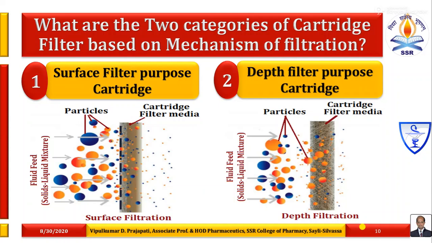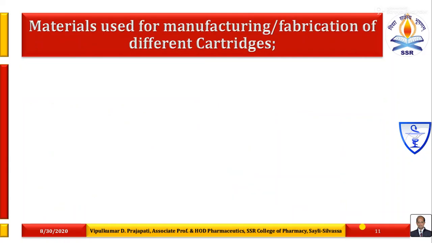So they are retained in the next membrane layer and the fluid is going to pass through the pore structure of the membrane inside the center perforated core and the filtrate is passed. So in this way surface filter type cartridge filters and depth filter type cartridge filters are available.